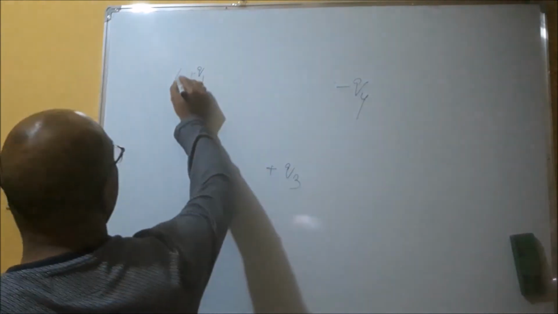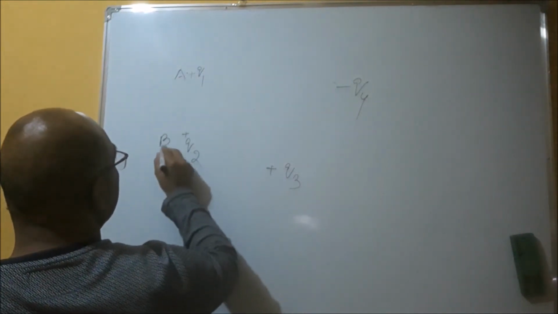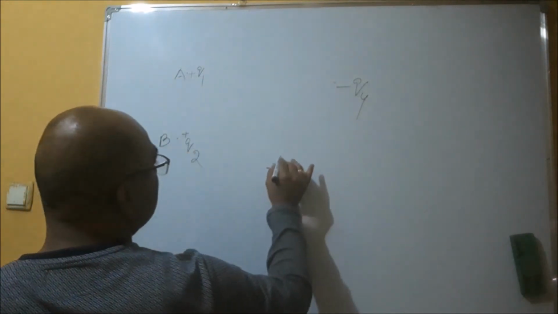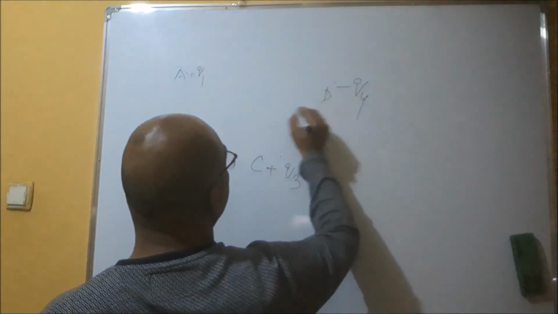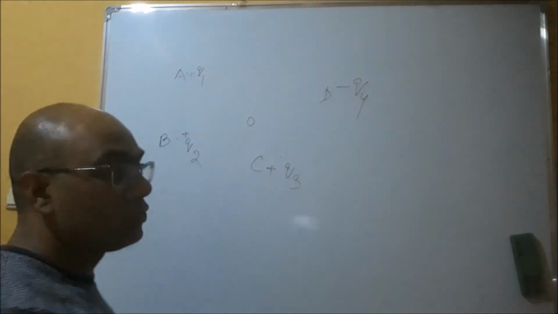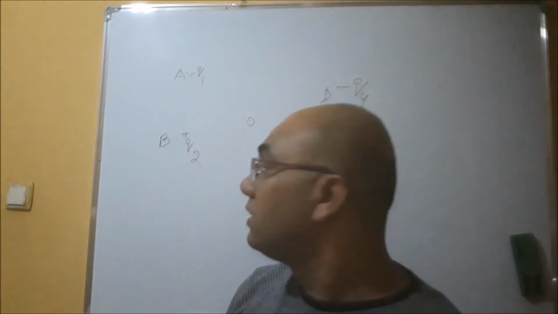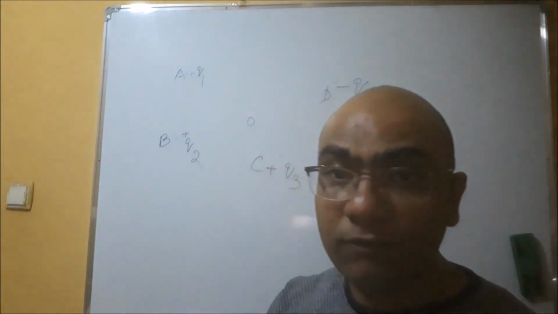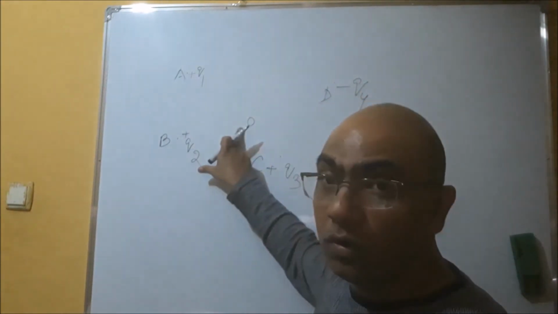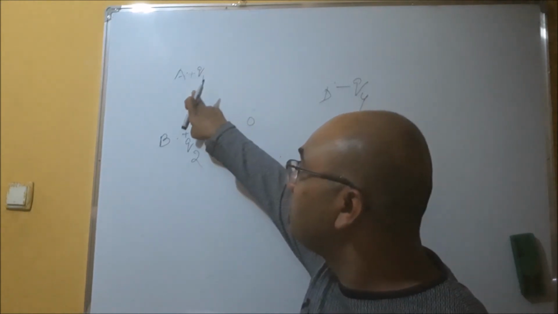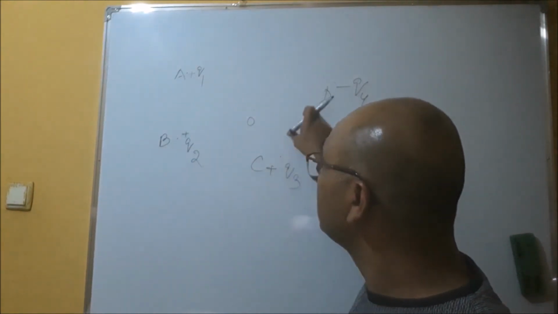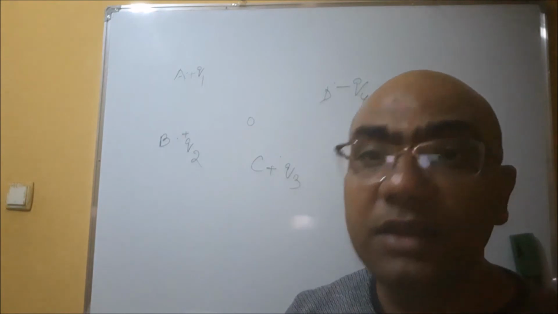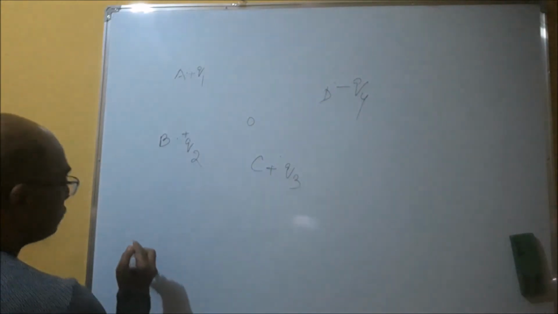Suppose this point is A, this is B, this is C, this is D, and this is point O. So the question is to find the value of the electric field at point O due to the four source charges at A, B, C, and D.